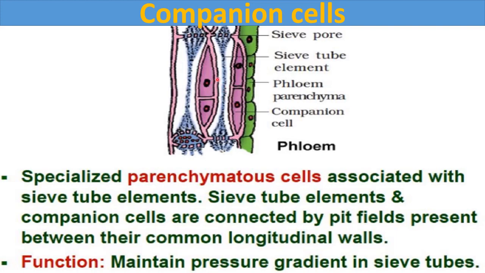Pit fields are present here to connect them with each other, so that the nucleus of the companion cell can control the function of the sieve tube element. Okay, this is another diagram for the complete phloem tissue. You can make whichever diagram you find easy, this one or the last one.